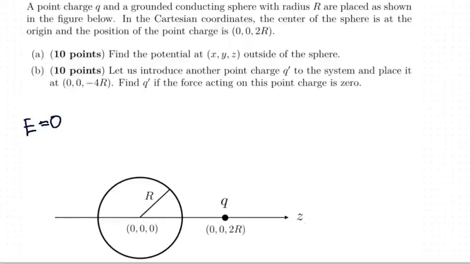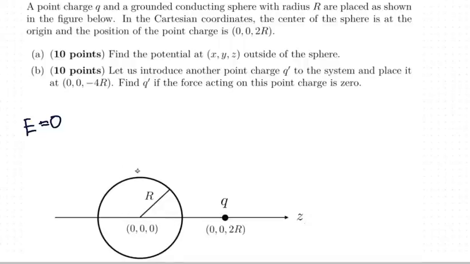This can be calculated mathematically, although it involves a long process. So the best way to do it is by using an image charge. Since you already know there is a charge, there should be a charge inside this conductor that will cancel the effect of the field created by this charge. Then you are good to go.